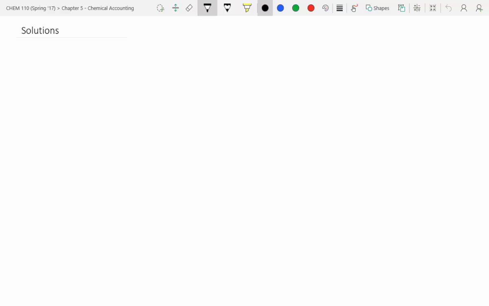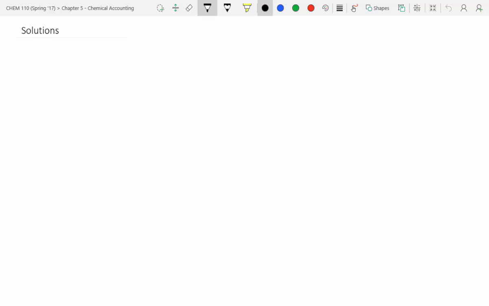All right, so there's one last section for chapter 5 that I did want to cover. And this is the section that has to do with solutions. Does anybody know what a solution is defined as? So it's a mixture between a solid or a liquid. Is it homogeneous or heterogeneous? Terminology.